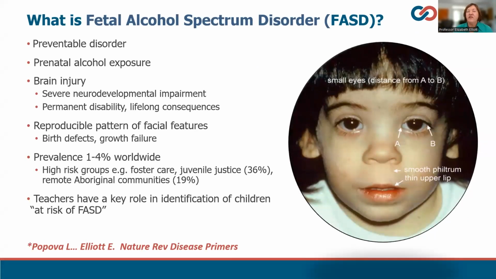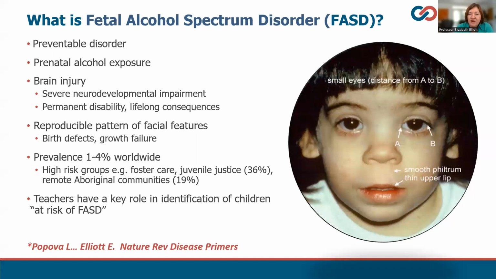I just want to give you a very brief overview of fetal alcohol spectrum disorder. What is FASD? It's a potentially preventable disorder caused by prenatal alcohol exposure, which results in a brain injury, and this can cause severe neurodevelopmental impairment, which may have permanent long-term consequences for the child.